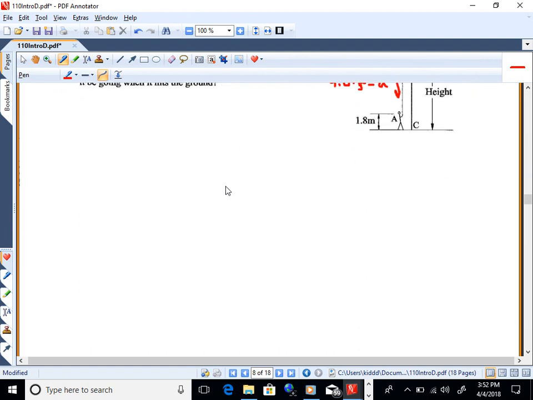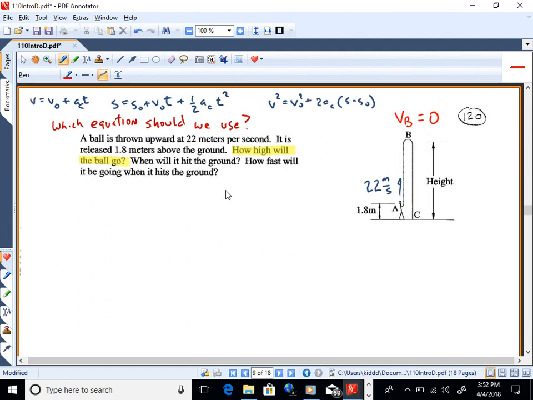So if it's constant acceleration, I got three equations that I can use here, and there they are. All right. So I got to use one of those or some combination of them to figure out how high the ball will go. Okay, I've got my initial velocity, I know my acceleration, and I know the velocity at the peak there.